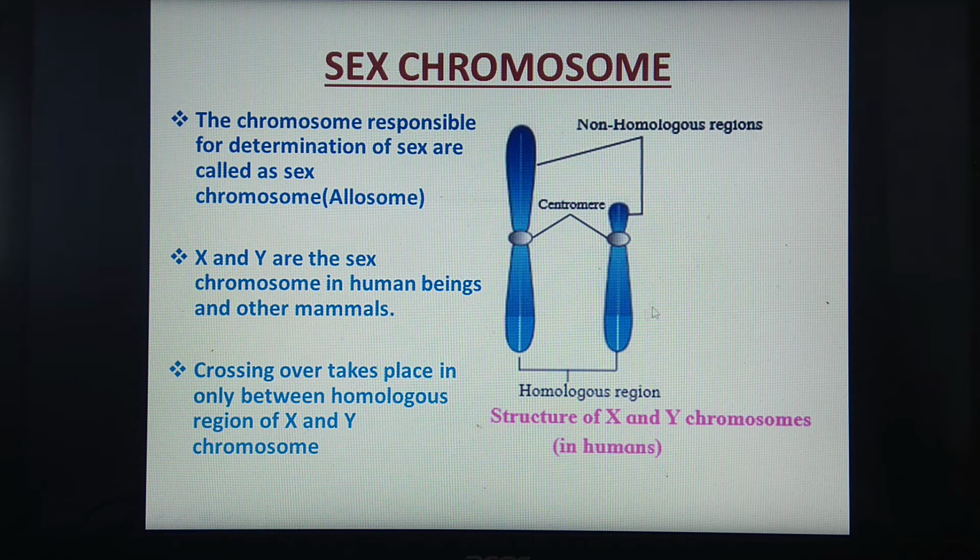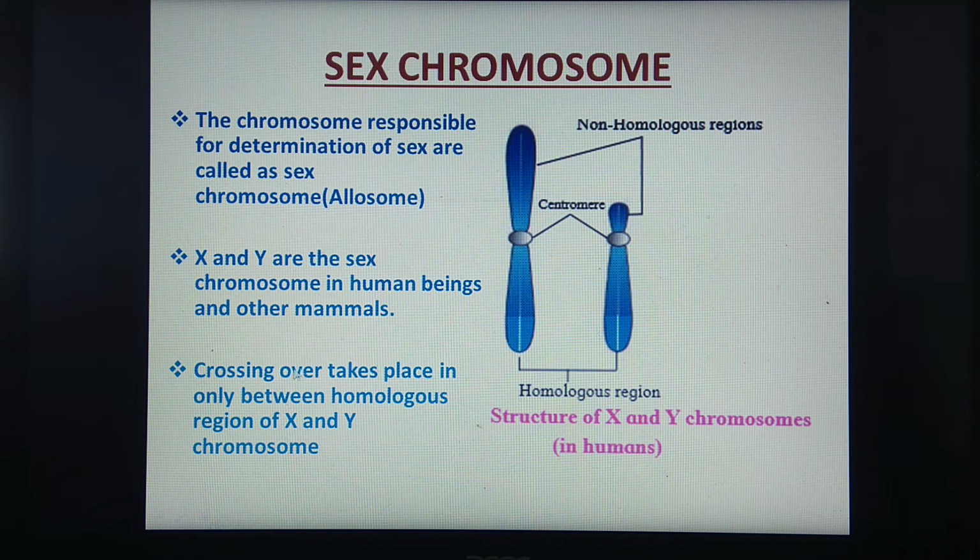What does it mean? The genes present on this part of X chromosome and the genes present on this part of Y chromosome are exactly similar to each other. So this similar part, consisting of similar genes, becomes the homologous region. And this upper part of the X and Y chromosome, consisting of dissimilar genes, is called non-homologous region.